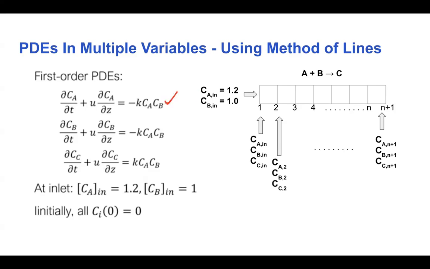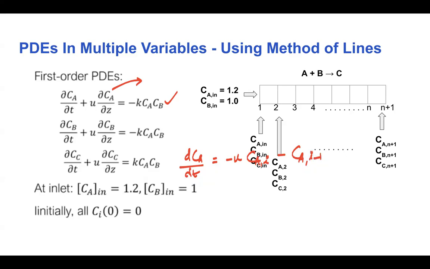We write dCA by dt. You use central differencing. So you take the whole thing to this side, equal to minus u times CA at i minus CA at i minus 1. This is if I'm using backward differencing.